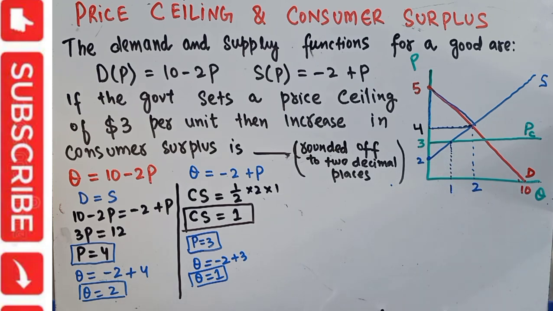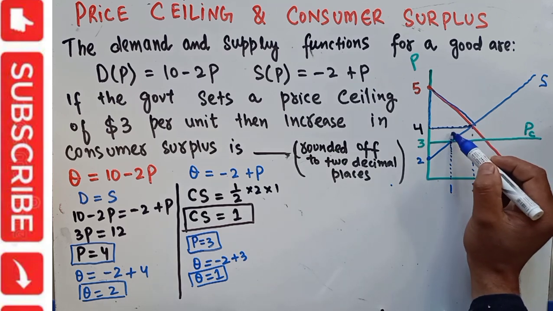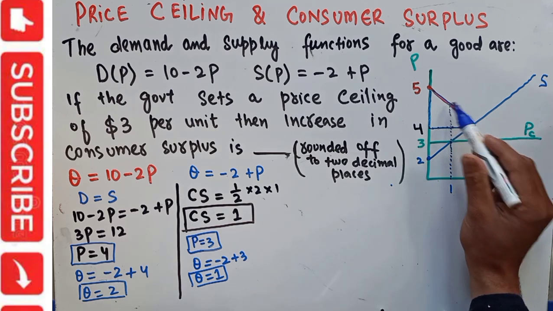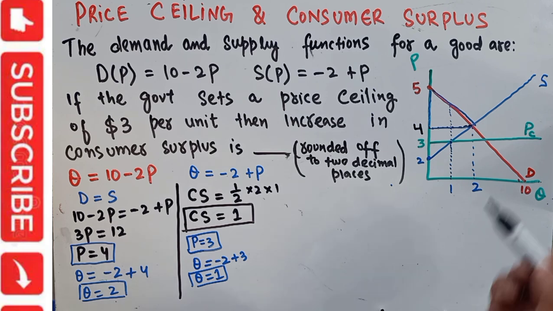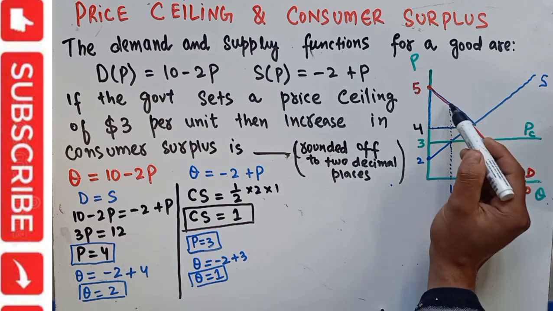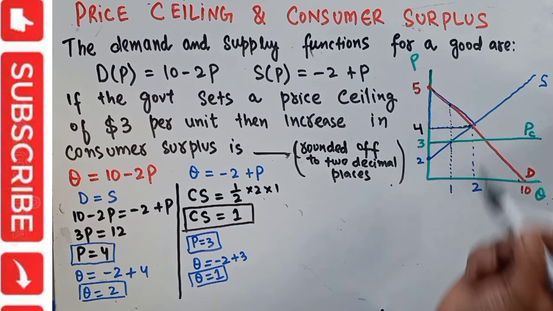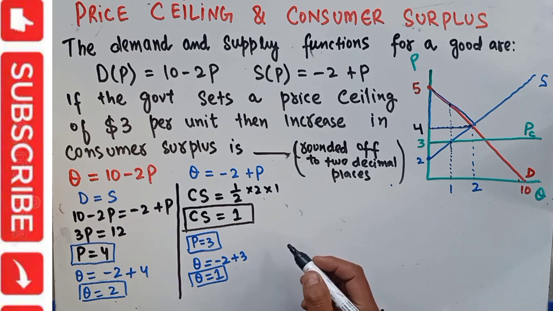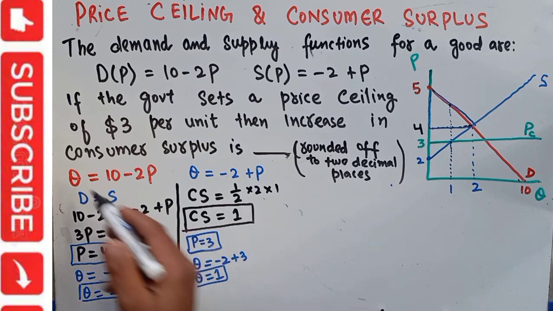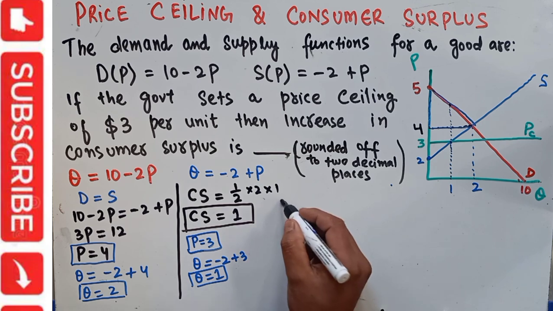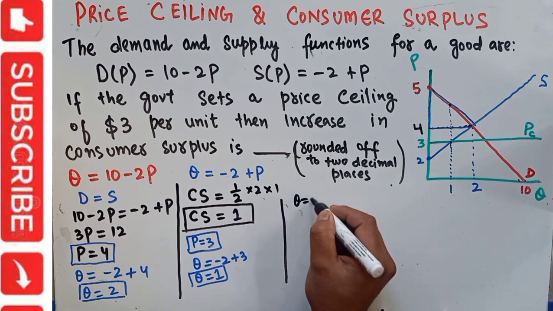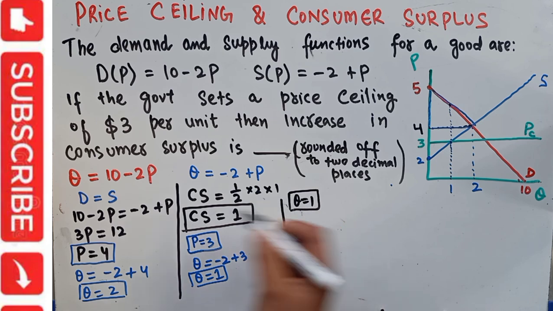And correspondingly, we need to find out the price that is being charged when the quantity demanded is 1. Okay. So simply we plug Q is equal to 1 into the demand function. So when Q is equal to 1, we need to find out the price.